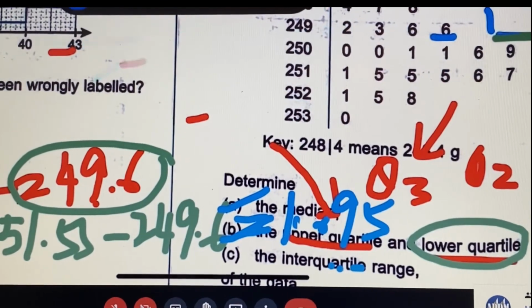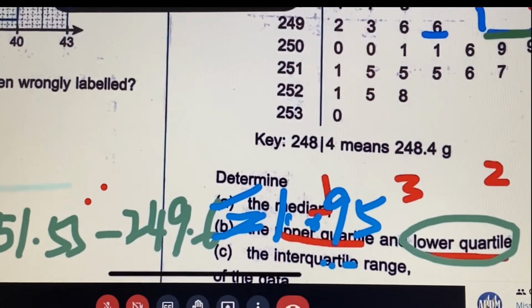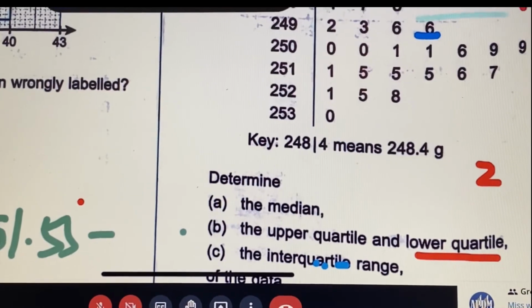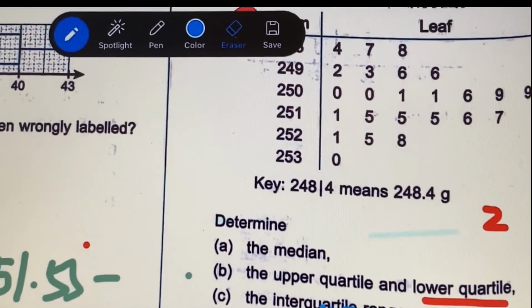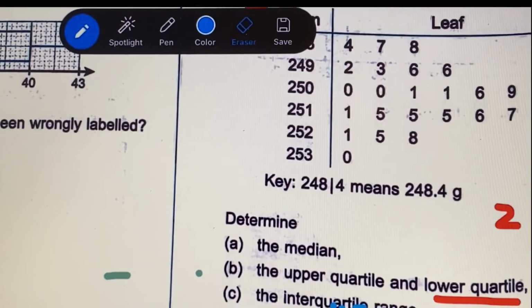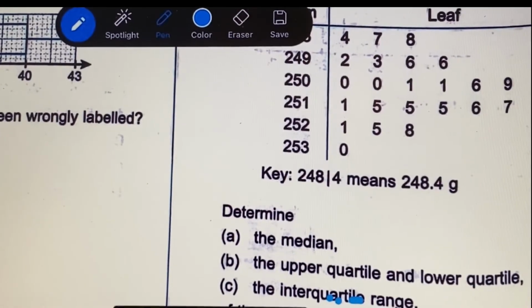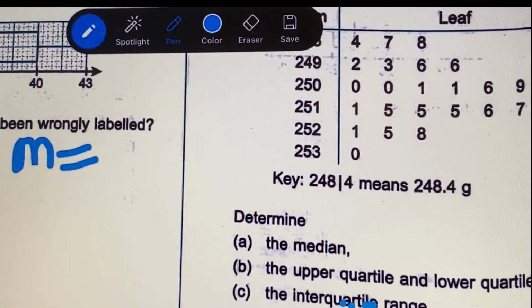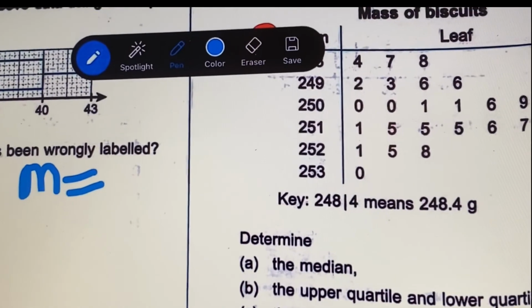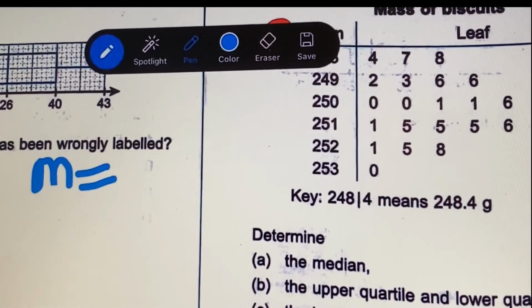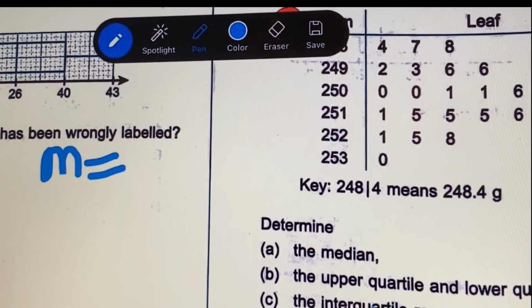Okay, so today's lesson focused on the stem and leaf plot, finding the median, finding the first quartile, and finding the interquartile range.